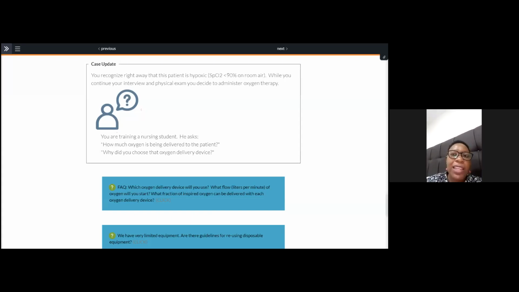And then you're going to decrease your flow rates or change the device if the patient is not desaturating. So you're going to titrate the flow rates, and also titrate, I'll use that in inverted commas, the delivery device depending on the patient's response.